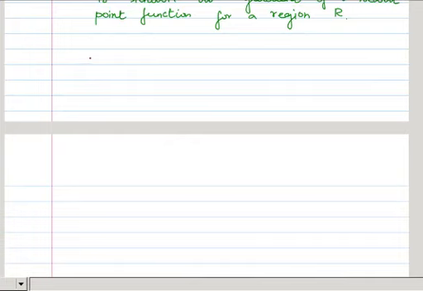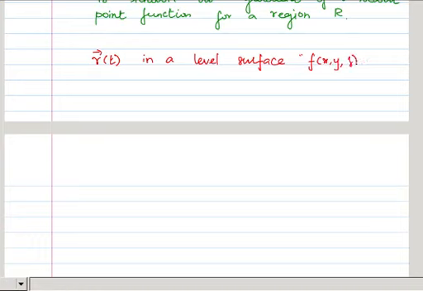Suppose I take the curve r vector of t in a level surface, that is f of x comma y comma z equal to some c1, which I fix.